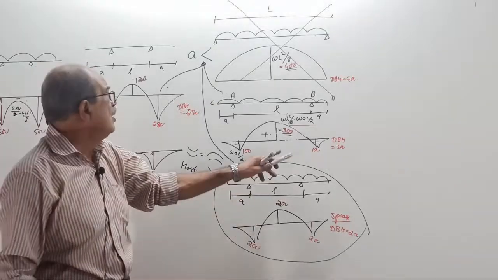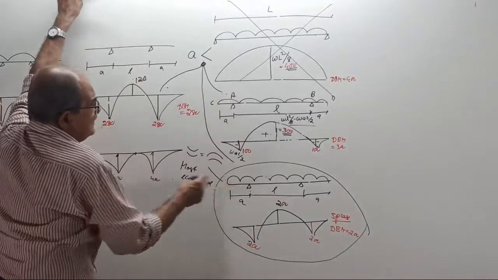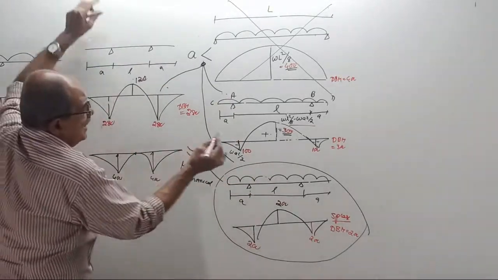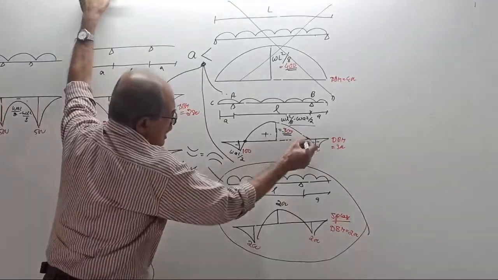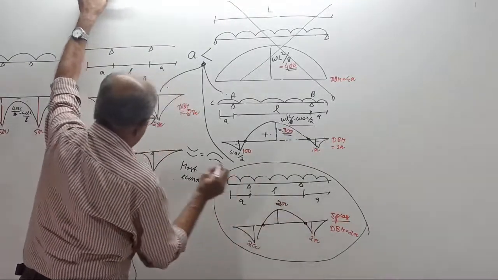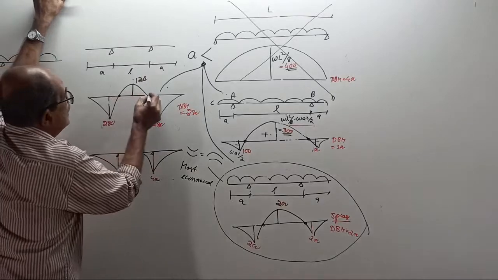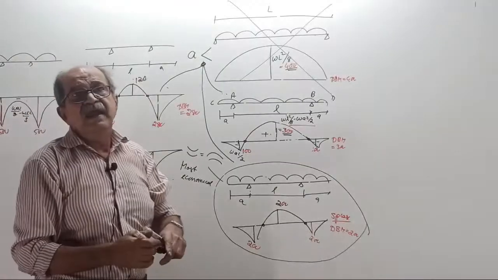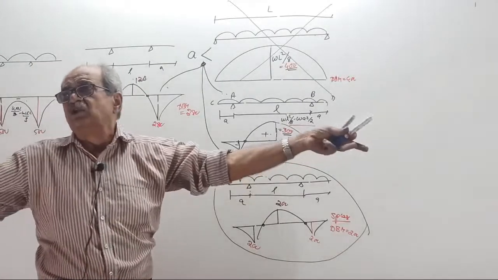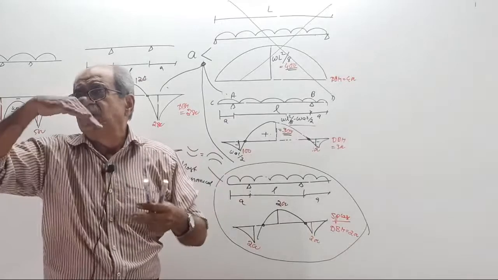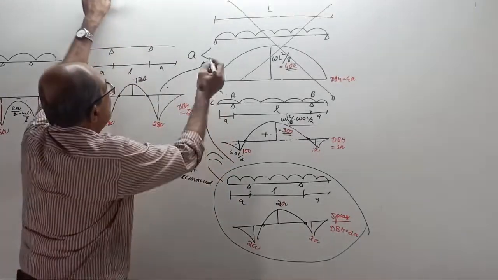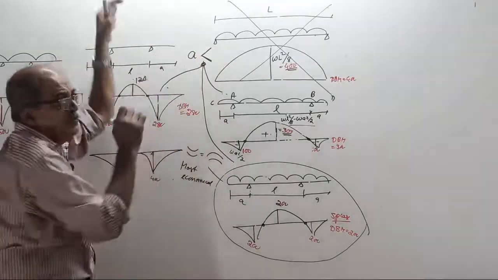It is lesser, no doubt. For all these three cases, you can say there are points of contraflexure here, which are slowly moving inwards. So, for the end portion to hog and the middle portion to sag, the condition is A should be less than how much?